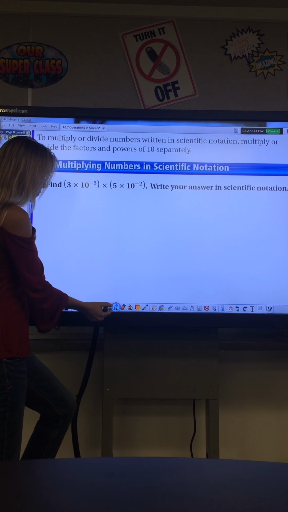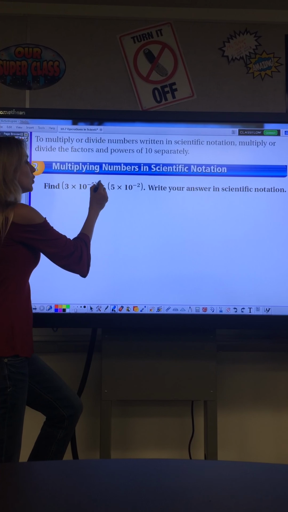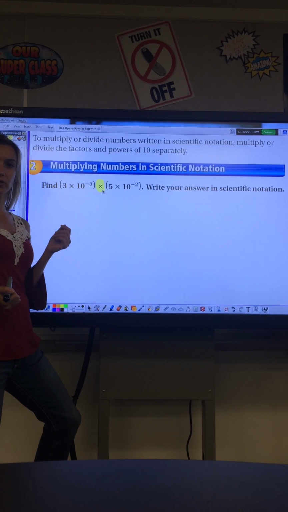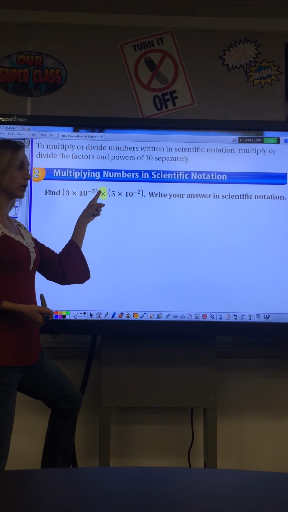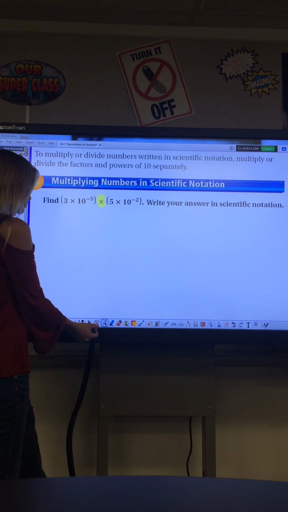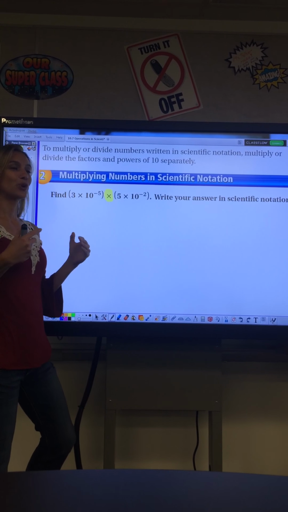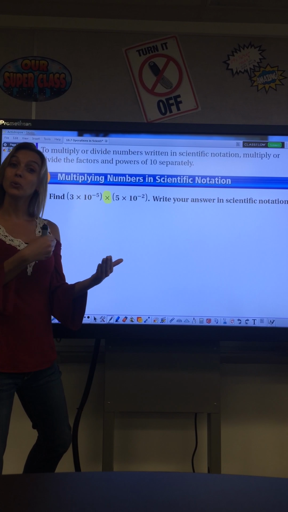What you only have to pay attention to is what you are actually doing with the two scientific notations. If you look in here, we're multiplying, right? So what we will do from now on is something we've been doing for a very long time, since the beginning of the school years.